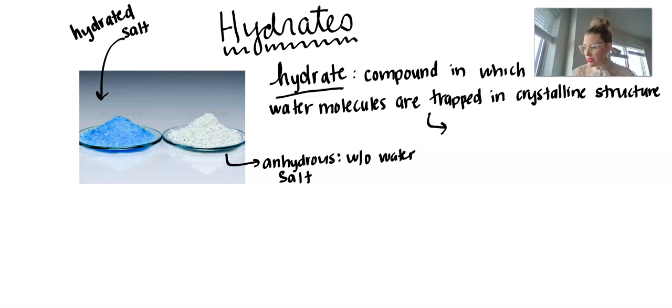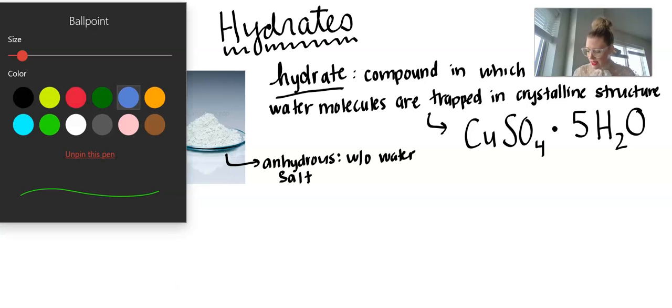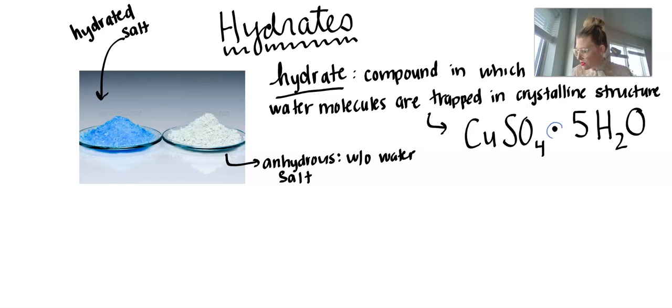And so a hydrate is going to be represented like this. We have our ionic compound, for example, copper(II) sulfate, and when you see this dot symbol there and an amount of water, what that represents is that it's actually a hydrated substance. That dot does not mean multiply.